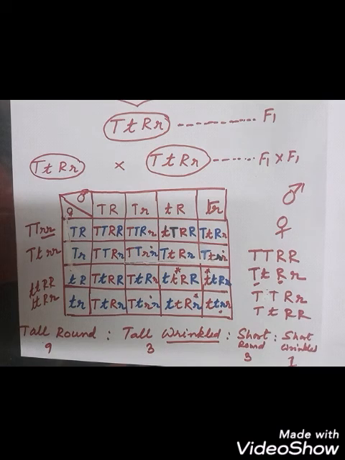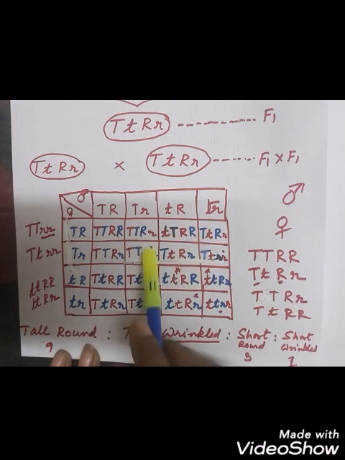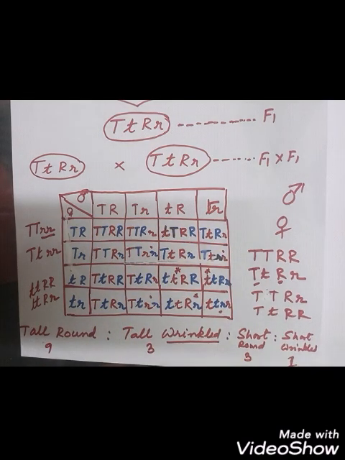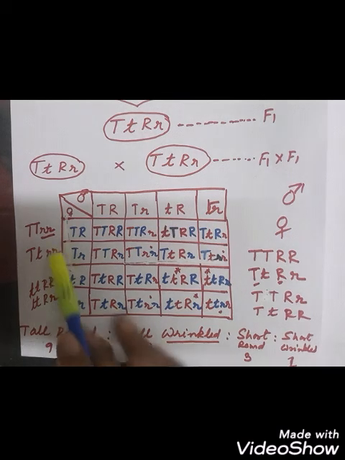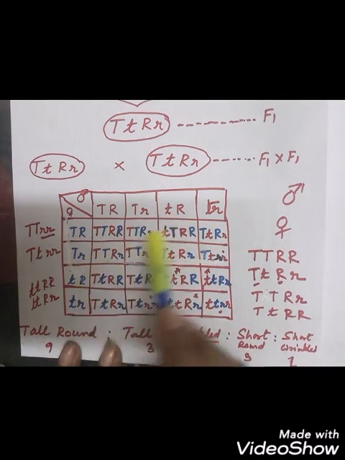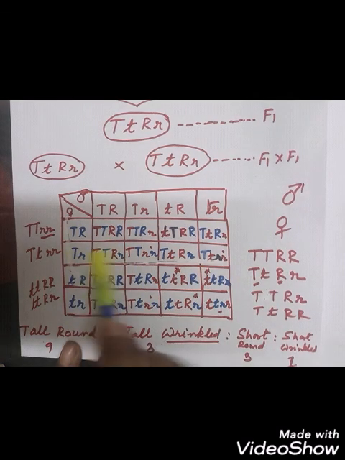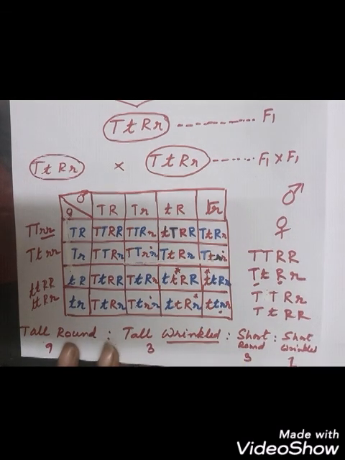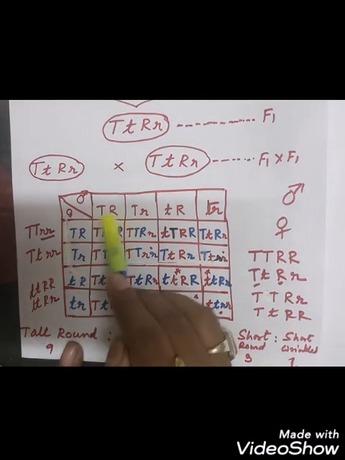Then you have to find out the phenotype and the genotype of this cross. When we get the Punnett square with 16 boxes, see: 1, 2, 3, 4, 5, 6, 7, 8, 9, 10, 11, 12, 13, 14, 15, 16. Fill up this Punnett square by crossing this one with this one, and so on.